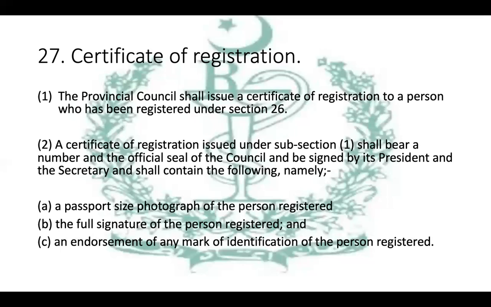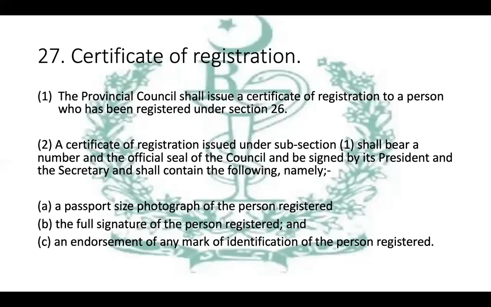Section 27(2) says a certificate of registration issued under subsection 1 shall bear a number and the official seal of the council, signed by its president and the secretary, and shall contain the following, namely. So what must you check when you are registered? Number one, there must be a registration number. Mine is 556A.